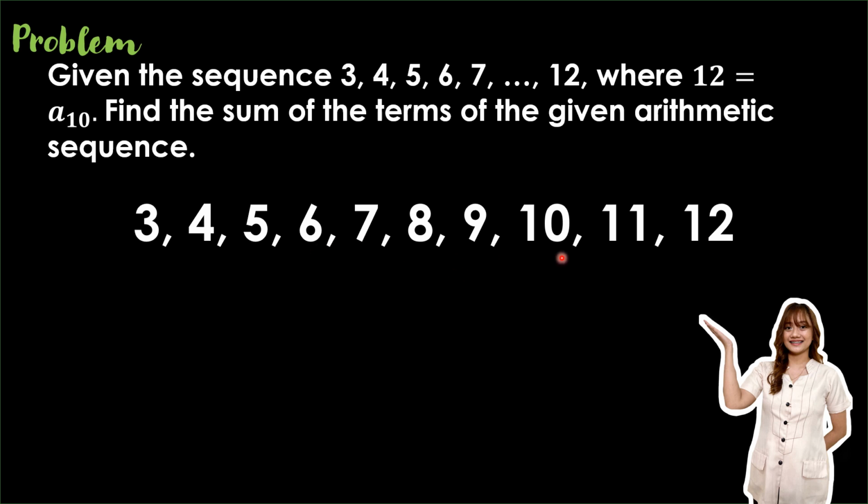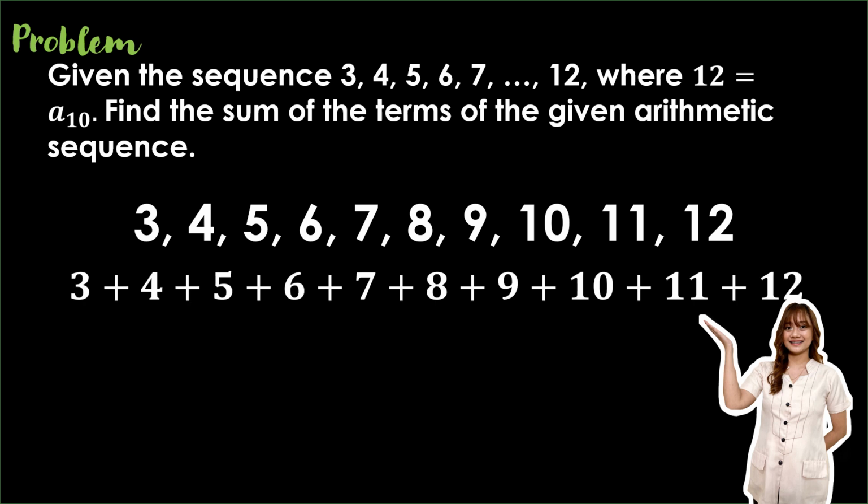In the given sequence, we have 10 terms. One way to find the sum of the terms is by adding each of the terms. We have 3 plus 4 plus 5 plus 6 plus 7 plus 8 plus 9 plus 10 plus 11 plus 12. Adding the terms gives us 75.